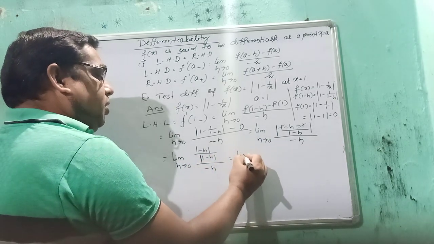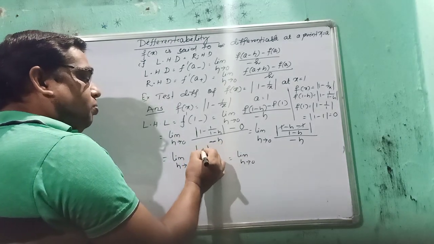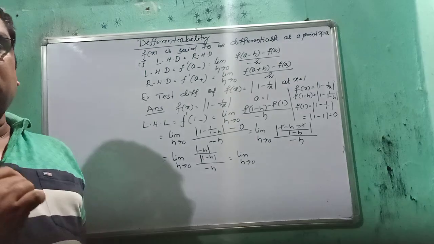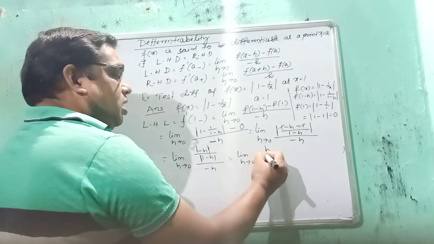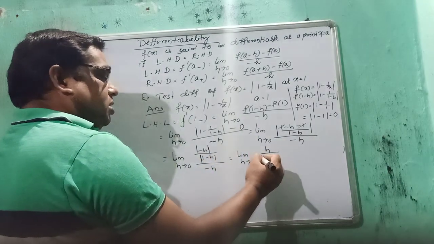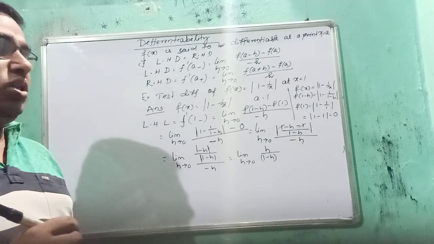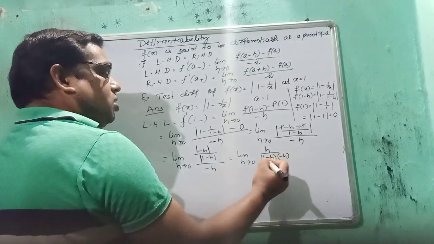Limit h tends to 0. What is the modulus of minus h? Modulus is always positive, so modulus of minus h is plus h. And modulus of 1 minus h is the same 1 minus h, because h is a very small positive quantity. This is multiplied with 1 by minus h.